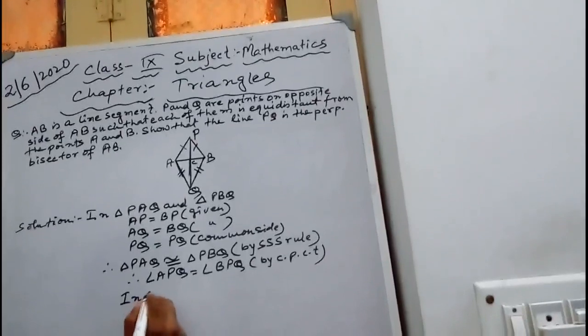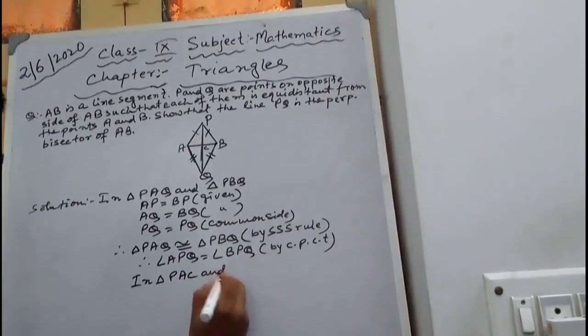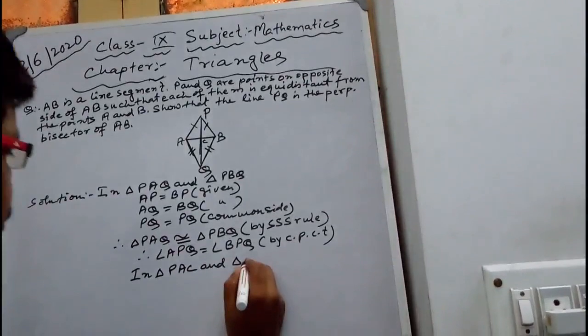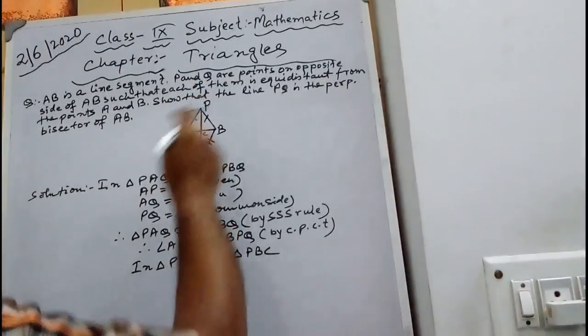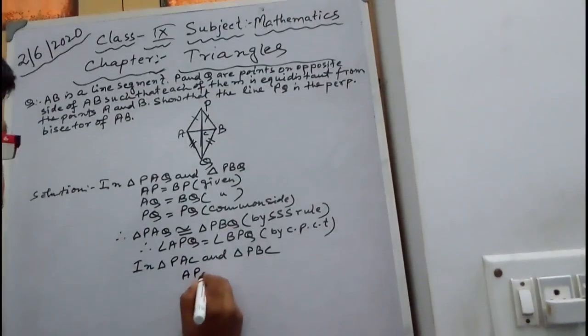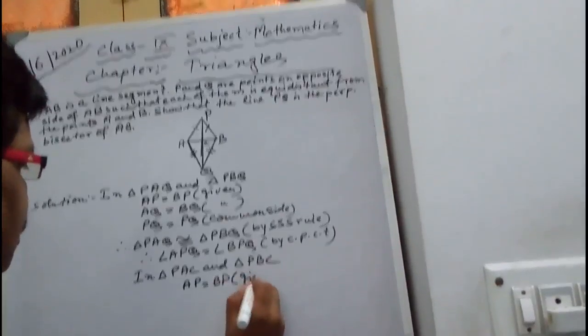In triangle PAC and triangle PBC, AP equal to BP, that is given.